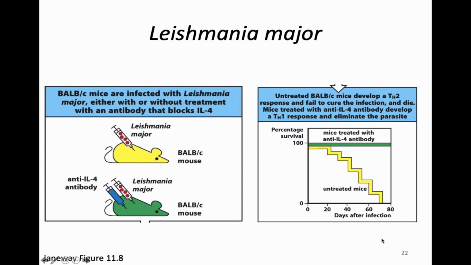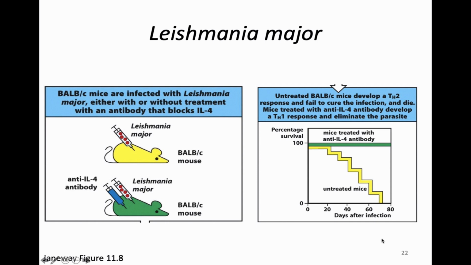Similarly, here you can see that if we were to infect Balb/c mice with a parasite called Leishmania, and the Balb/c mice are in yellow, those mice will die as a result of that parasite infection. If we were to give those mice a Leishmania infection as well as an antibody that blocks IL-4, so these mice cannot make a Th2 response, these mice are shown in green, you see that they now are able to survive the infection. So in fact, what this tells us is a Th2 response here is detrimental.